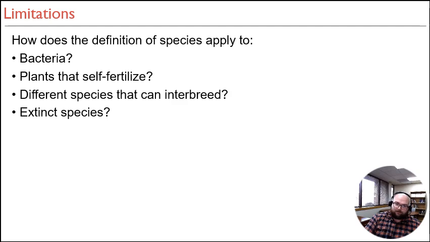But sometimes it's not so easy to discern when a new species has emerged, right? For example, bacteria or plants that self-fertilize. In this case, we've got asexual reproduction, or we've got self-fertilization.